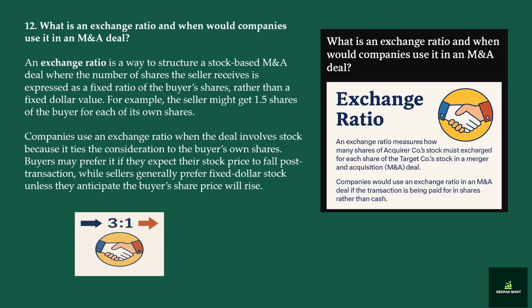In floating exchange ratios, the dollar value of the consideration is actually fixed. Let's assume that for $1 million, you, the seller, will be getting stock worth $1 million. If the buyer's share value reduces, this is going to mean a greater number of shares.